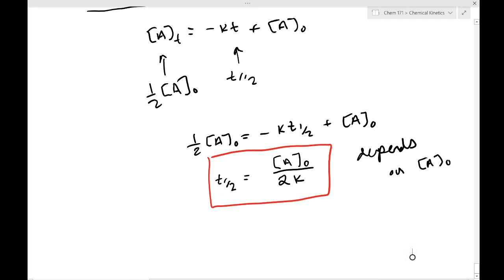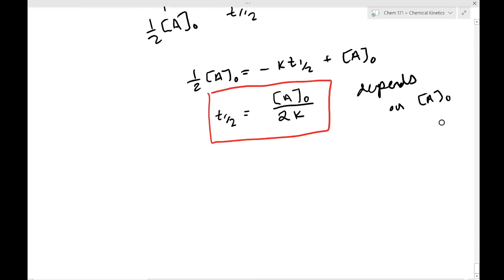But since it's in the numerator instead of the denominator, what actually happens is, as the reaction progresses, the half-life gets shorter.